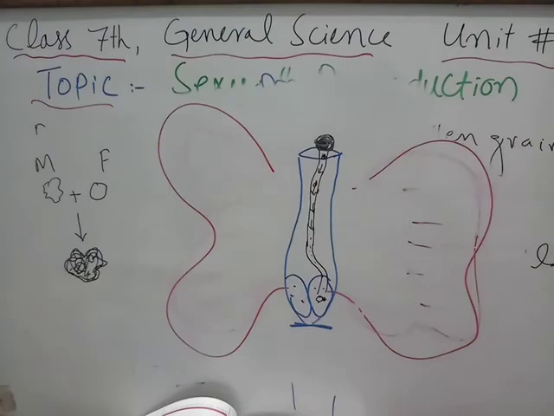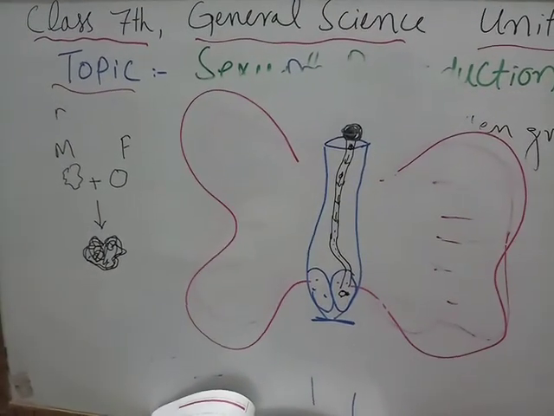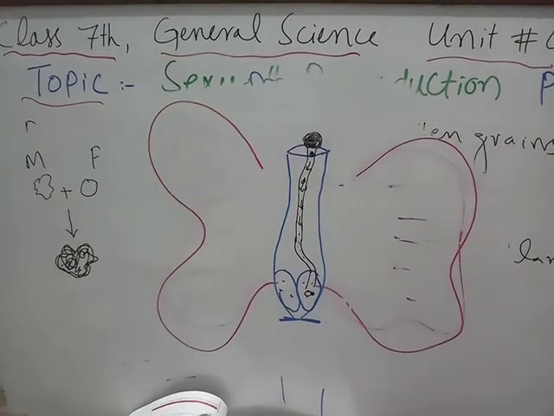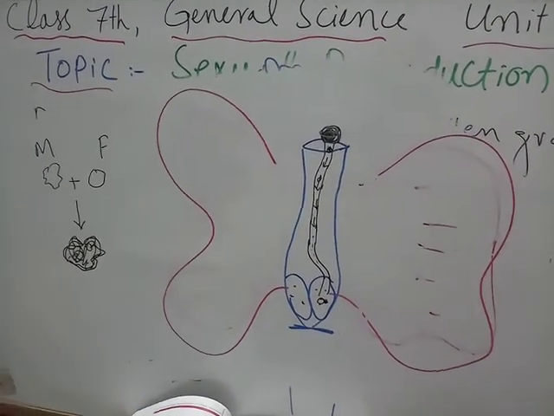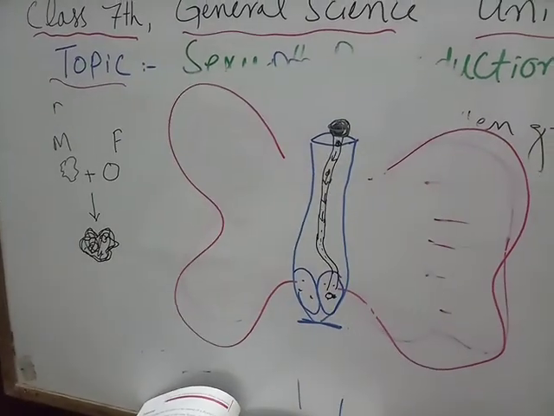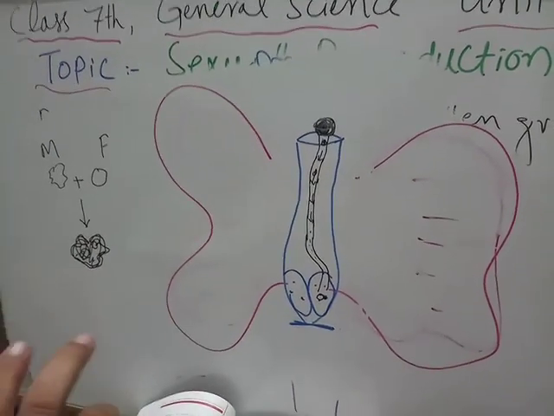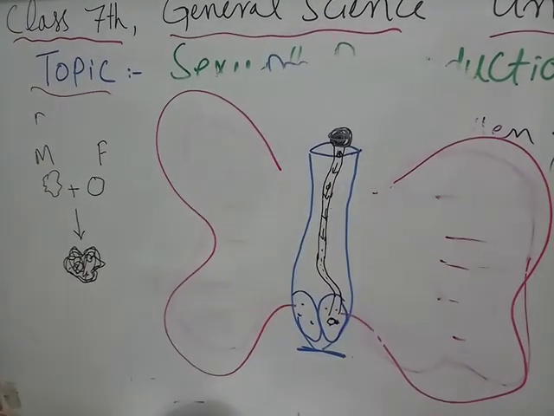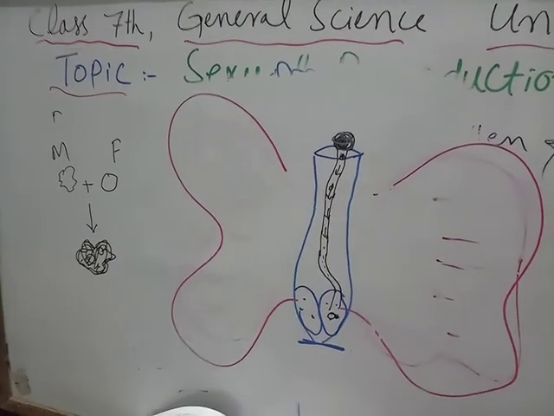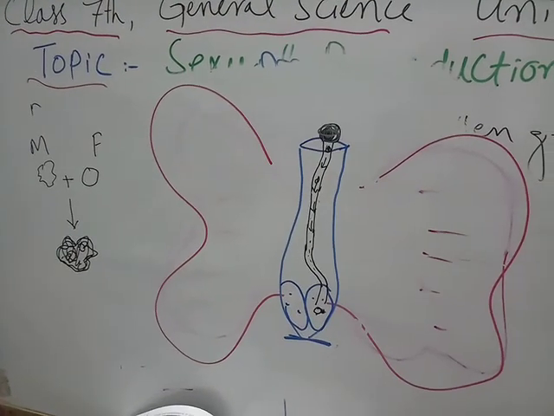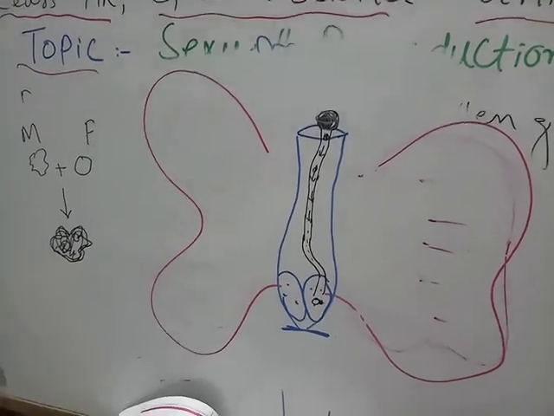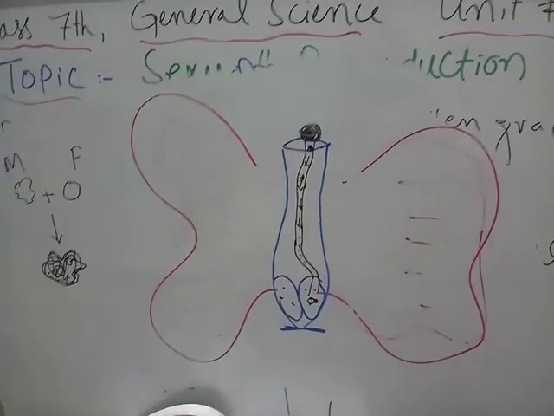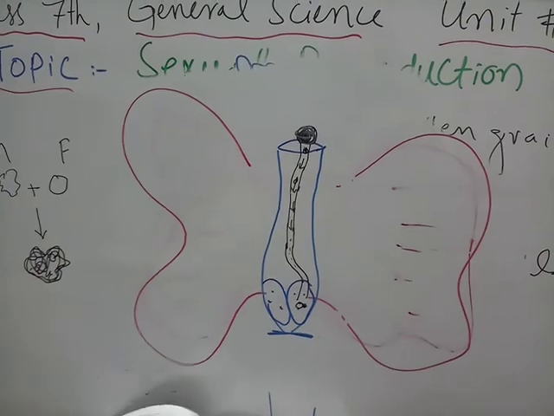For example, if you take a mango, the outer coat and the part of the mango which we normally eat is formed by the ovary wall, while the hard core inside, which contains the seed, is formed by the ovule itself. So this was something about fertilization, what it is and how it happens.